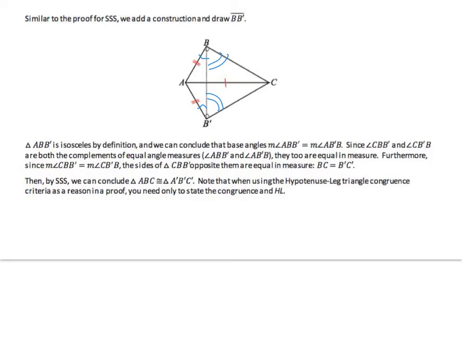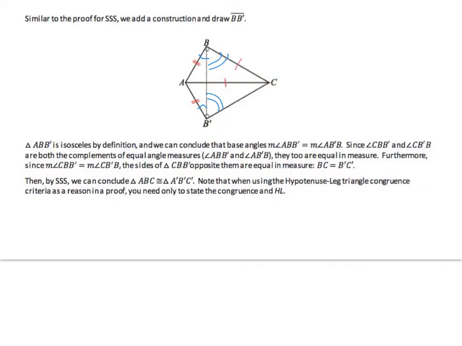Furthermore, since the measure of C B B prime and the measure of C B prime B are equal, the sides of triangle C B B prime opposite them are equal in measure. Sorry, BC equals B prime C prime.